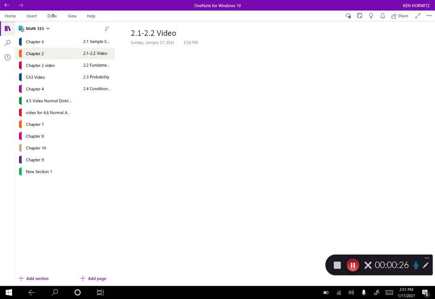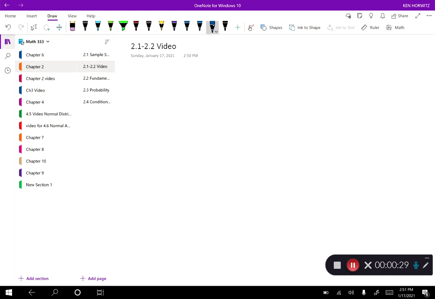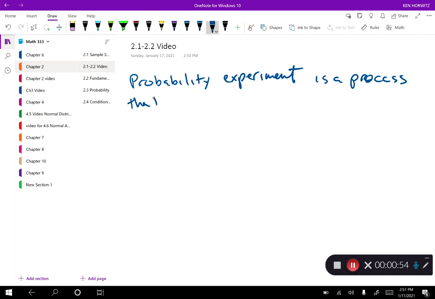Probability experiment. A probability experiment is a process that leads to a well-defined result.